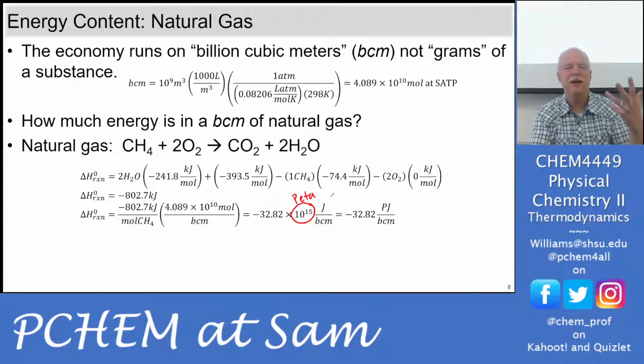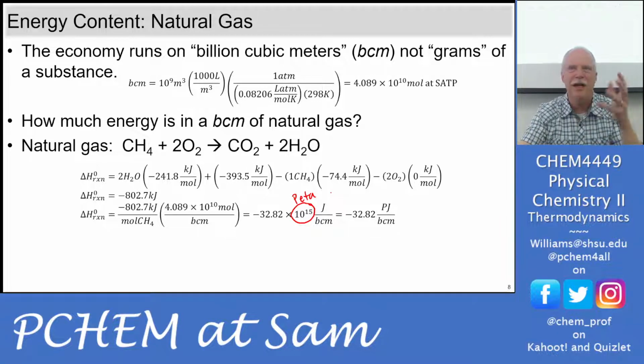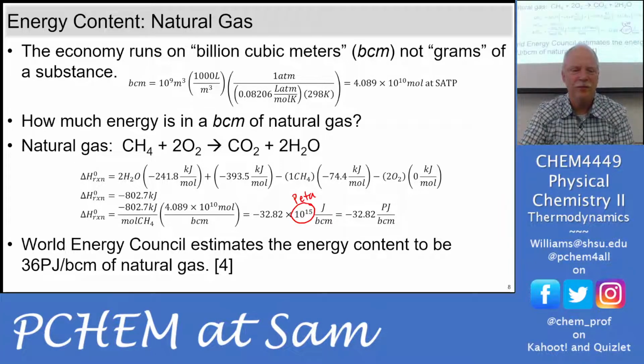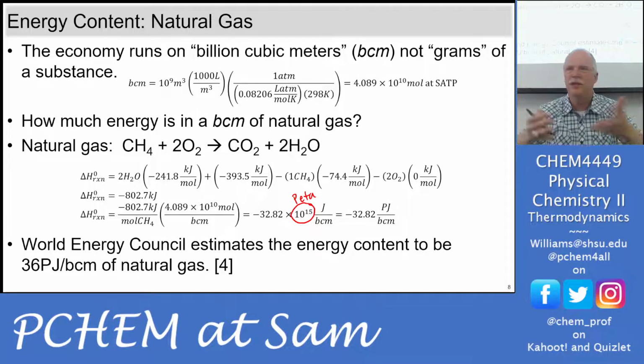Now that's just using our knowledge of chemistry, right? Methane as natural gas. Okay, it has a little bit of isobutane and a little bit of propane and so on in it. And so if you look at the World Energy Council, they analyze the reserves globally, and they use energy content. So they do this conversion, and they estimate it should be about 36 petajoules per billion cubic meters of natural gas.